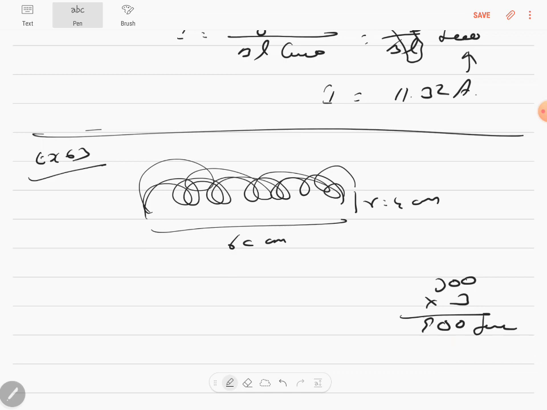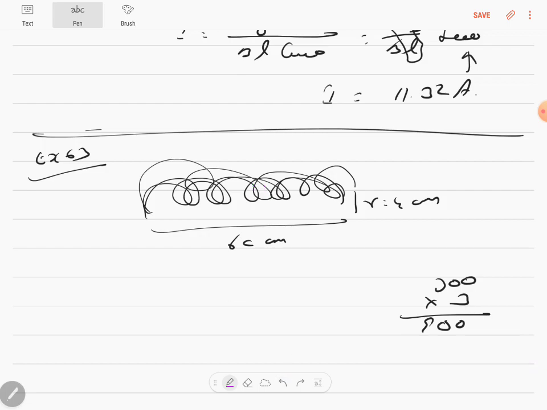A 2 centimeter wire of mass 2.5 grams lies inside the solenoid near its center normal to the axis. A 2 centimeter long wire, which means like this. It's not a coil.